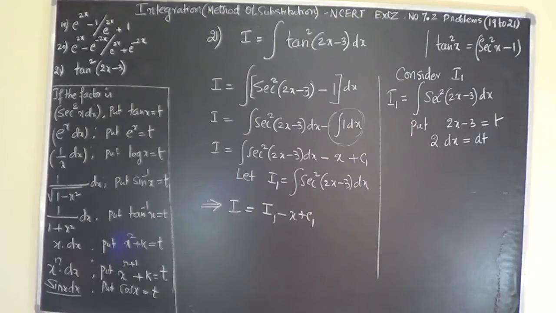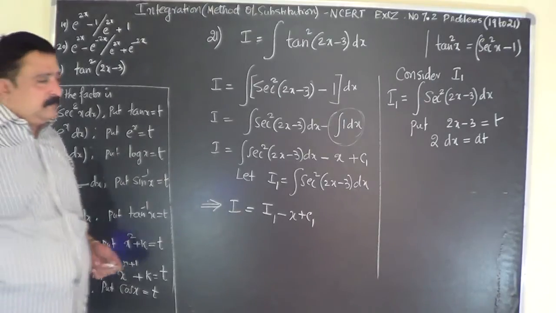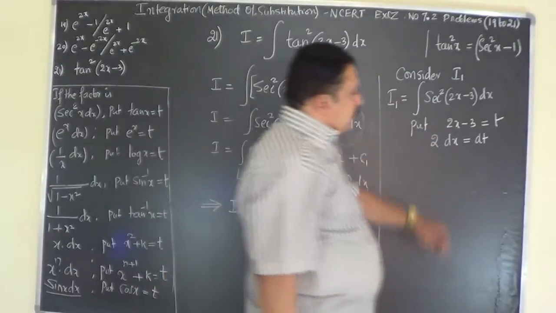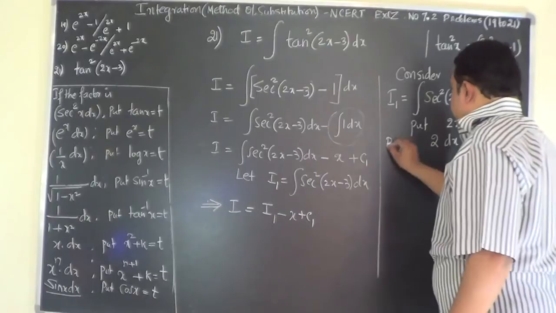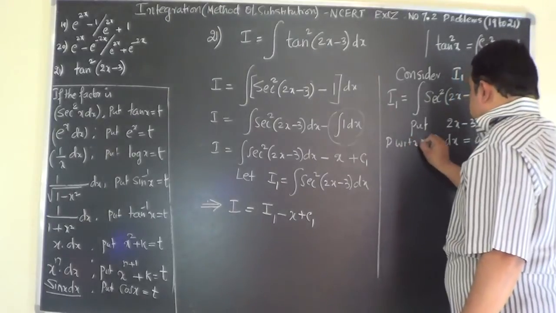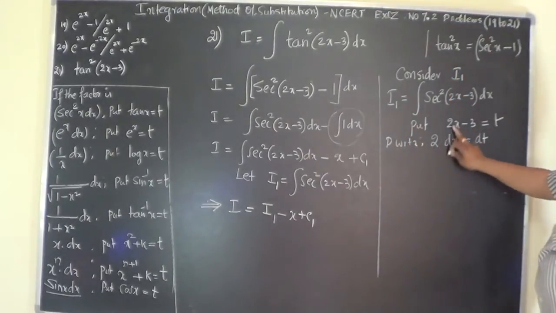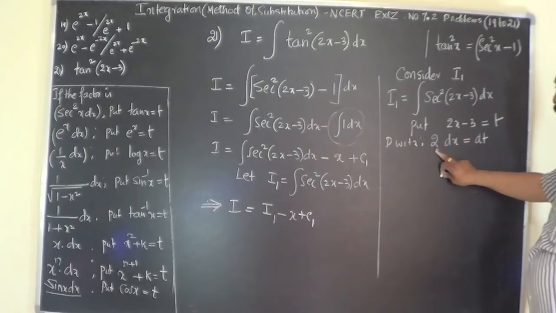I want all of you to do it. That's good, you are doing correctly. Put 2x minus 3 equals t. Now differentiate with respect to x. 2x if you differentiate you get 2.